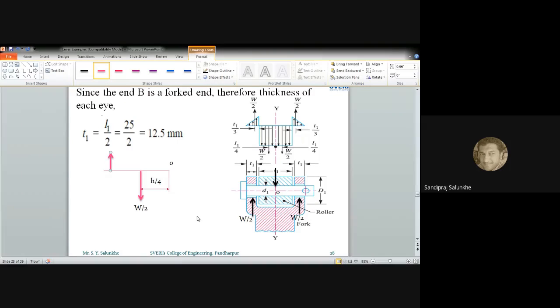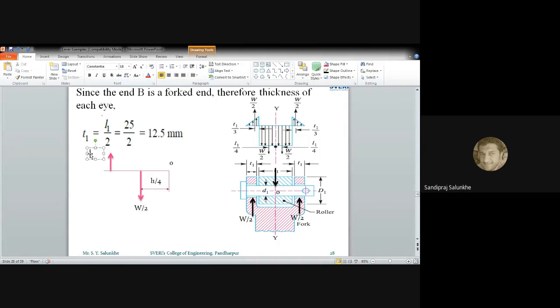So this W by 2, what will be the distance of this reaction W by 2? I want to calculate the distance. If you want to find out the distance of this point from point O, what will that distance be?